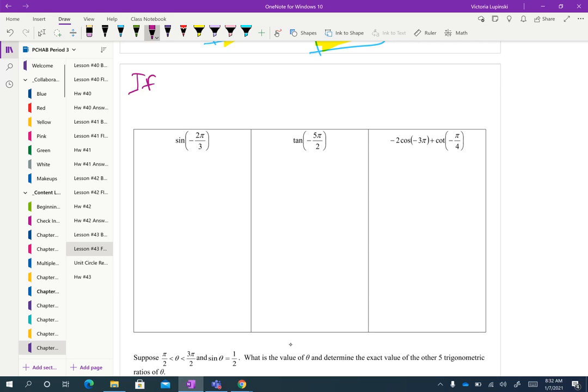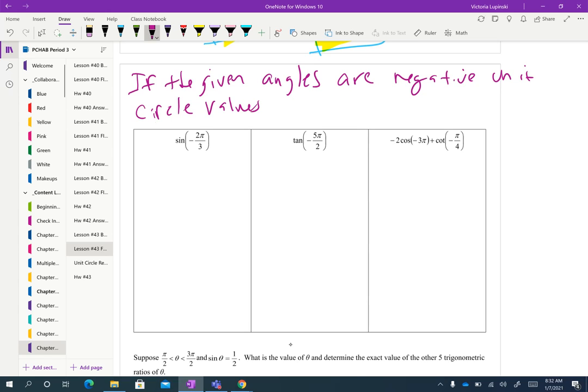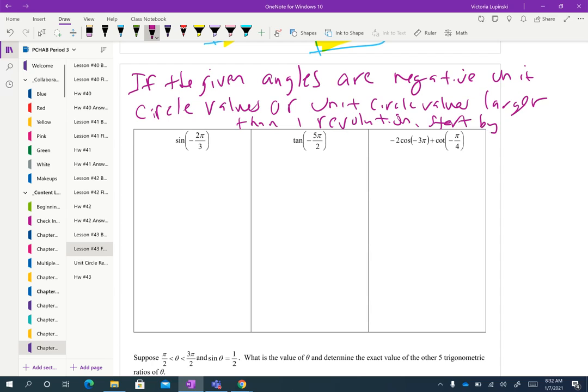If the given angles are negative unit circle values, or unit circle values larger than 1 revolution, start by finding a coterminal angle.